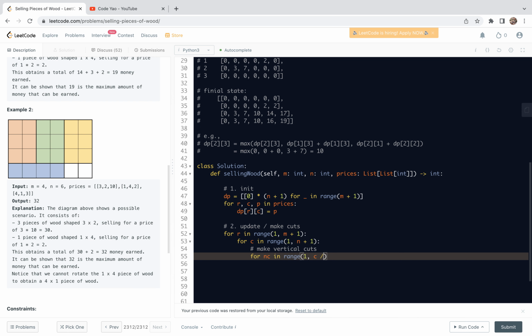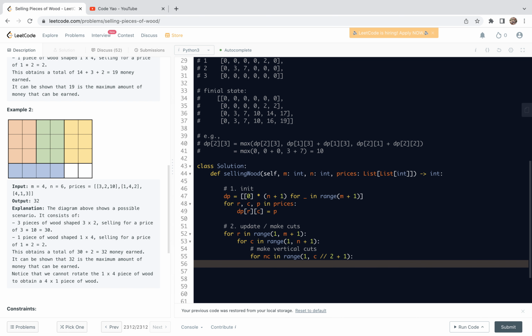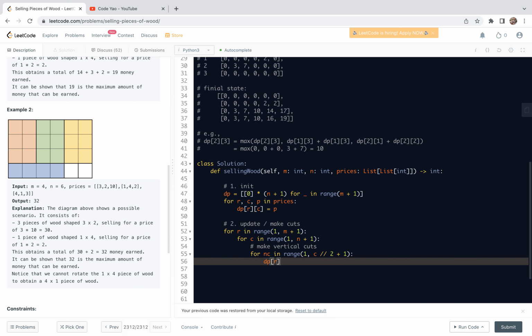So for nc in range, we can iterate from 1 to c, but half of c will be enough due to symmetry.